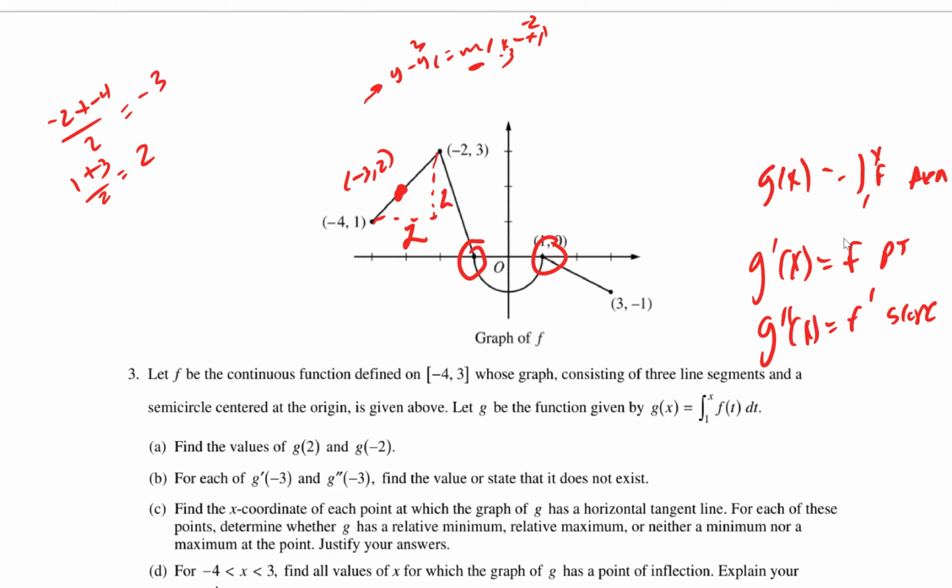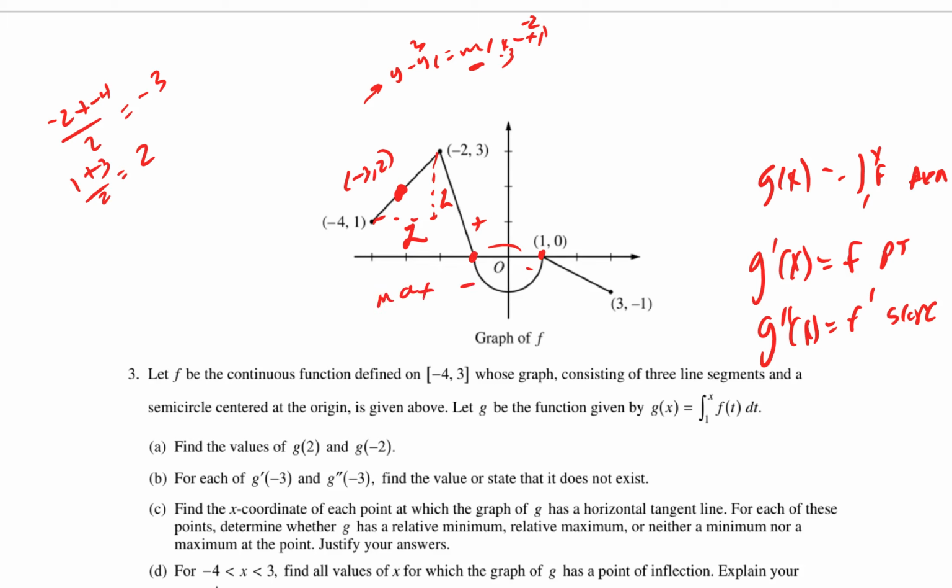They want to know if it's a min, a max, or neither. Let's erase that, it's a little messy. Sorry, those are my zeros. That goes from positive to negative, so that is a max.